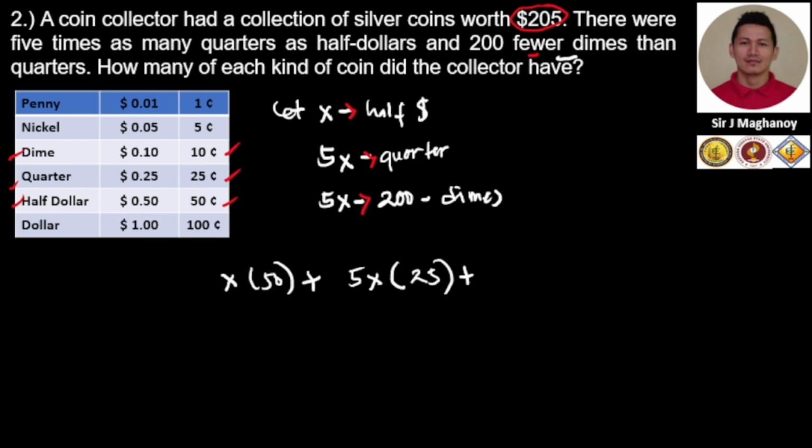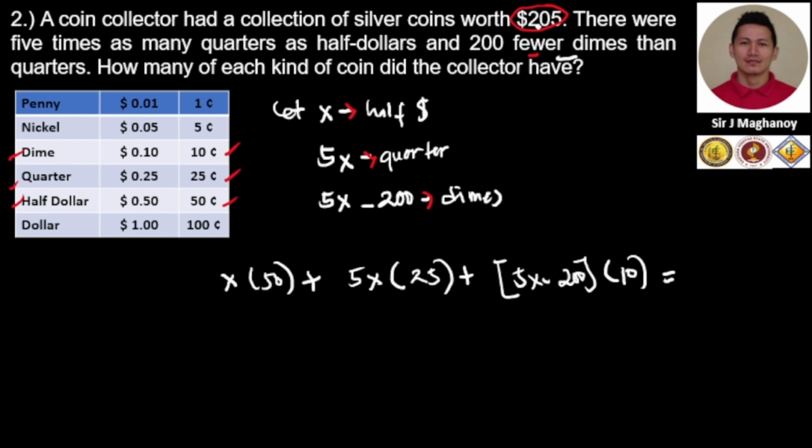For our dimes, correction, that should be 5x minus 200. That is our dimes. What is our multiplier for that? Dimes, that is 10 cents. And the total is $205.